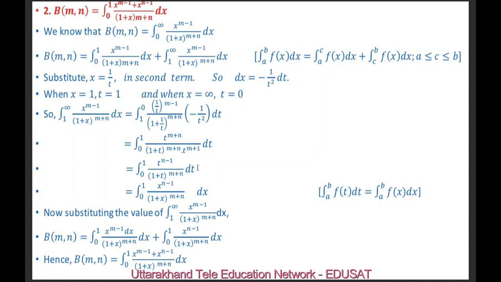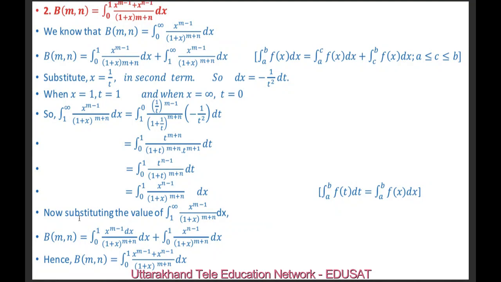But by the properties of definite integral, we may change the variable, because the integral from a to b of f(t) dt equals the integral from a to b of f(x) dx. So this is the integral from 0 to 1 of x raised to n minus 1, over (1 plus x) raised to m plus n dx.